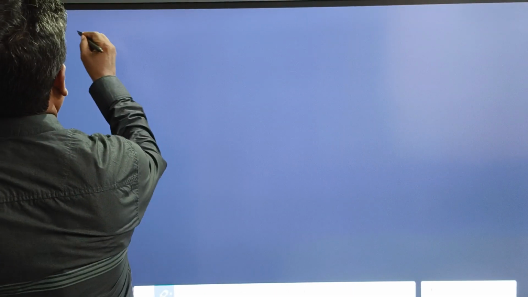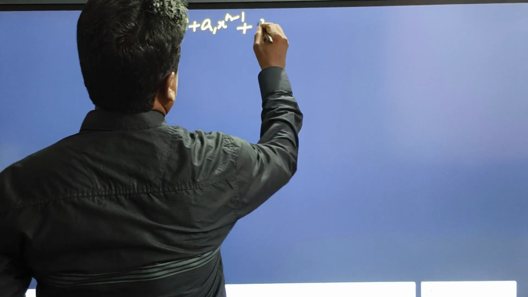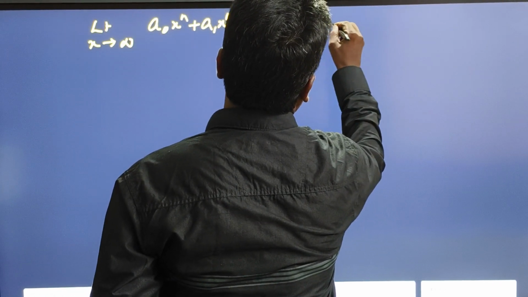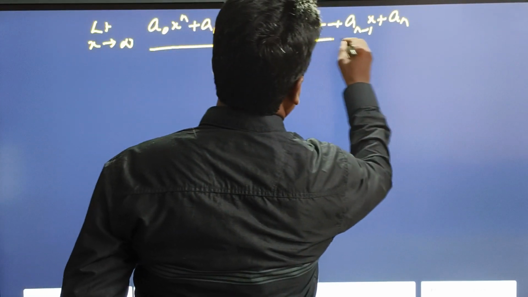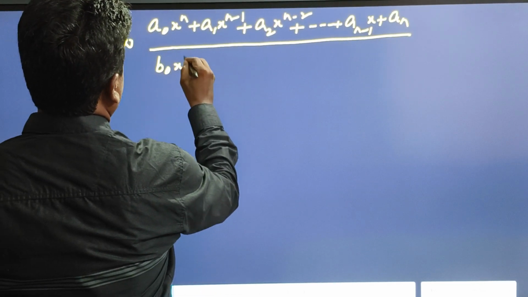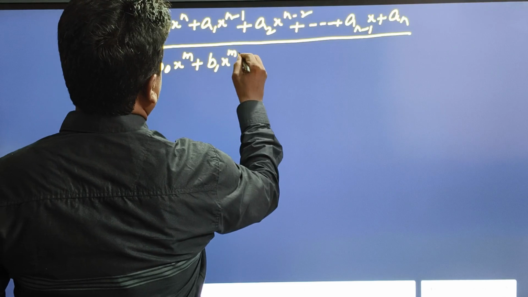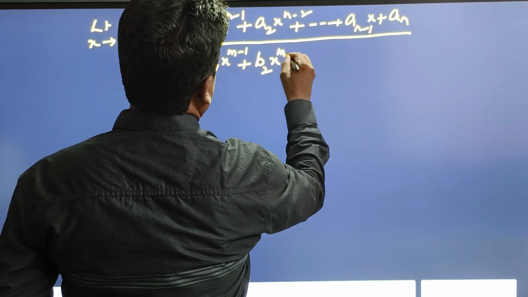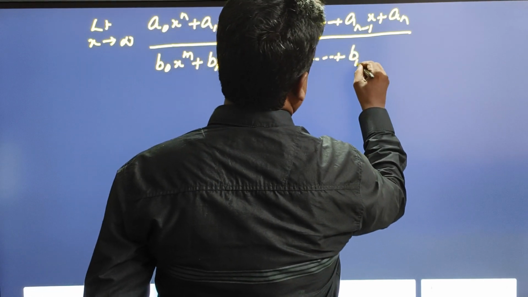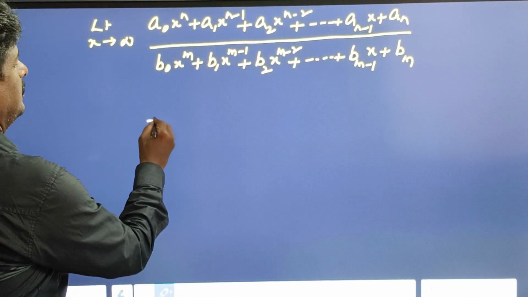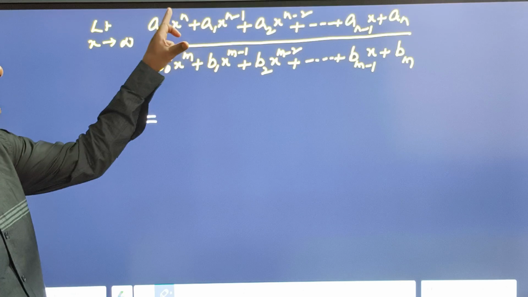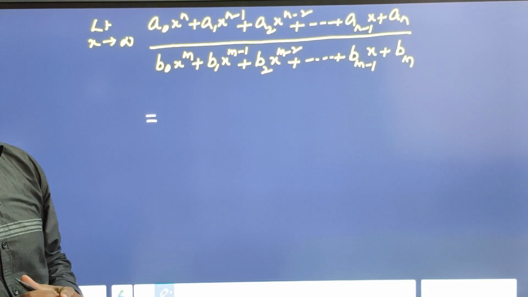See, we can write a result here. Limit x tends to infinity, a0 x power n plus a1 x power n minus 1 plus a2 x power n minus 2 plus and so on, an minus 1 into x plus an, by b0 x power m plus b1 x power m minus 1 plus b2 x power m minus 2 plus and so on, bm minus 1 into x plus bm, is equal to: here numerator degree is n, denominator degree is m.